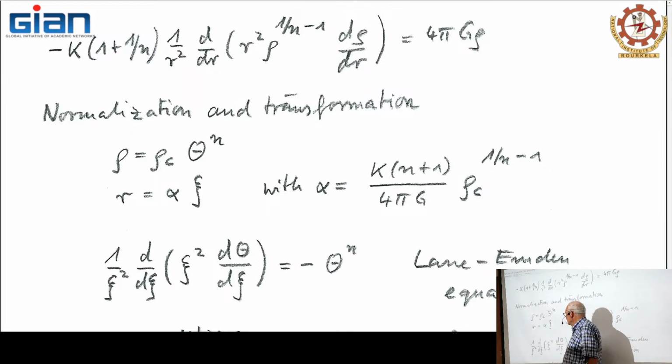Moreover, we introduce a new radial variable by taking a dimensionless variable psi and the normalization constant alpha.